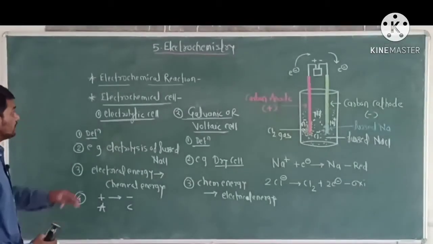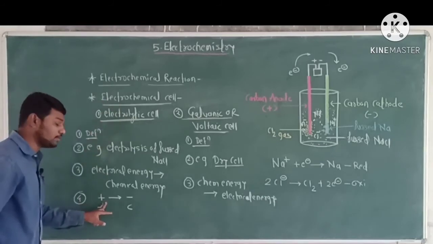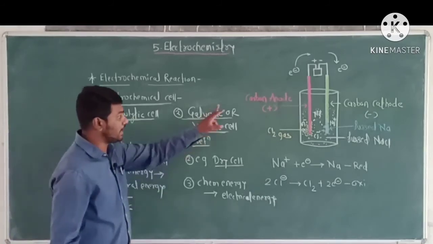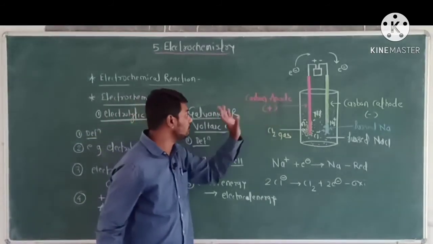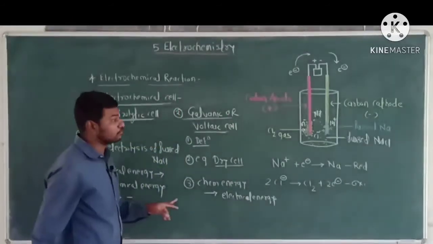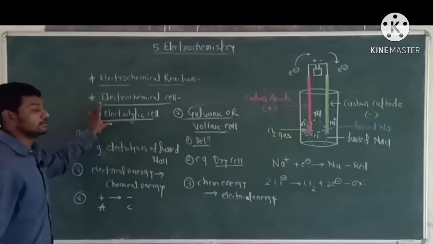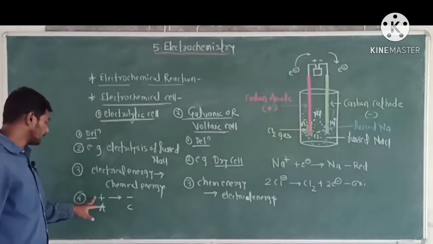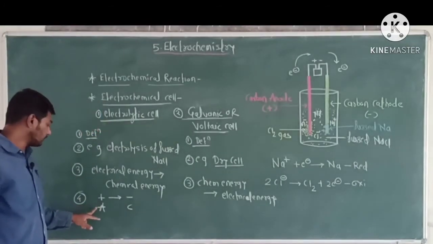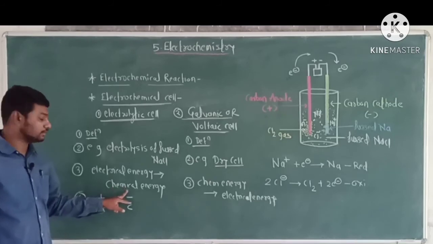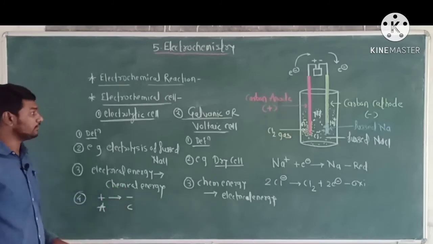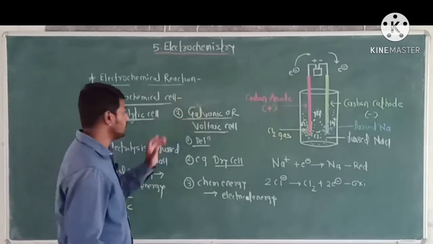That means in an electrolytic cell, the positive end acts as the anode and the negative end acts as the cathode. That is in an electrolytic cell, the electrons are transferred from the positive end, that is from anode, to the negative end, that is cathode.